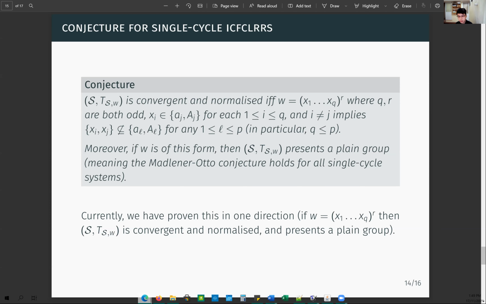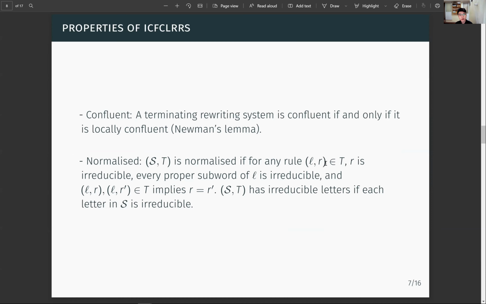Since time is limited, I'm running out of time, I think, I'll just talk about the proof for normalized. If we go back to the definition of normalized, for any rule (L, R), the right-hand side is irreducible.